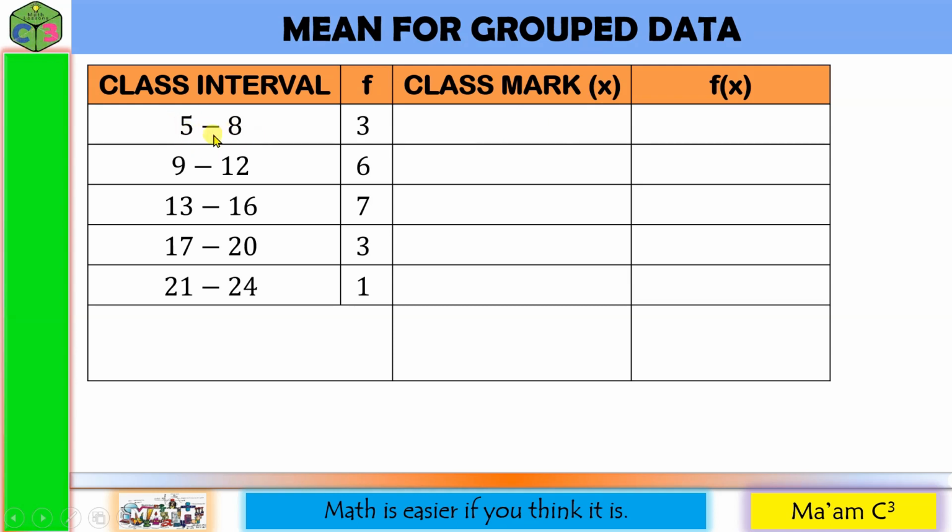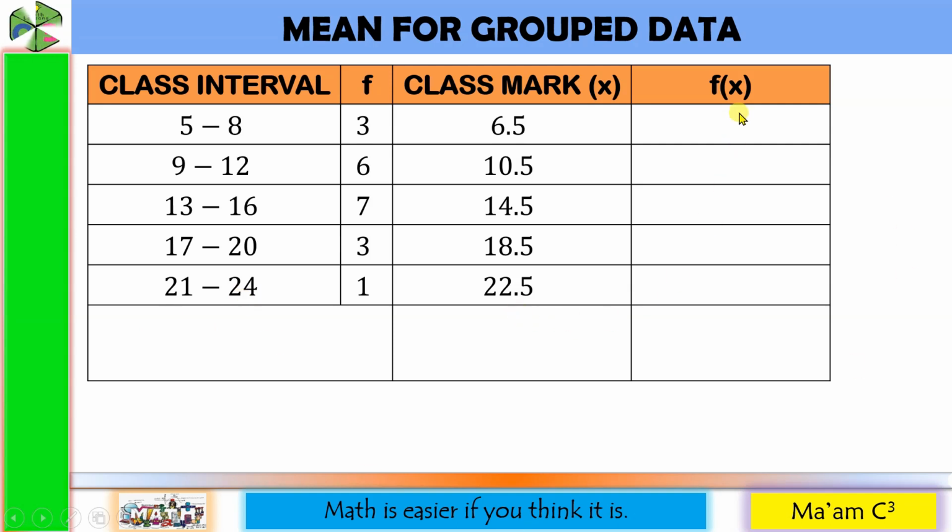And 13 divided by 2 is equal to 6.5. 9 plus 12 is equal to 21 divided by 2 is equal to 10.5. 13 plus 16 is 29 divided by 2 is equal to 14.5. 17 plus 20 is 37 divided by 2 is equal to 18.5. 21 plus 24 is equal to 45 divided by 2 is equal to 22.5.